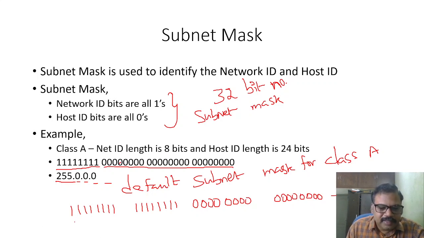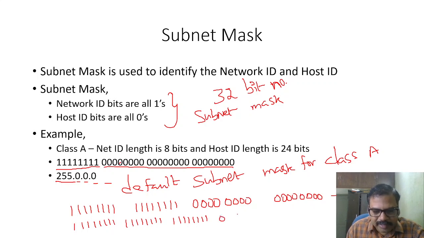And what is the default subnet mask for class C? For that, you should know the net ID length of class C: the first 24 bits are net ID and the remaining 8 bits are host ID. So I'm writing it: the first 24 bits are ones, and the remaining 8 bits I made 0.